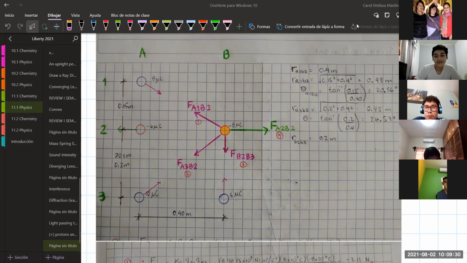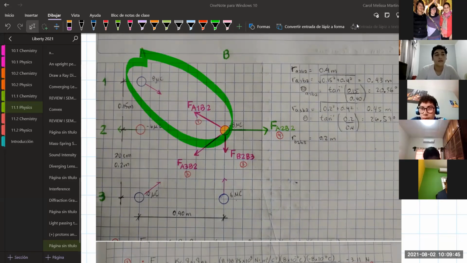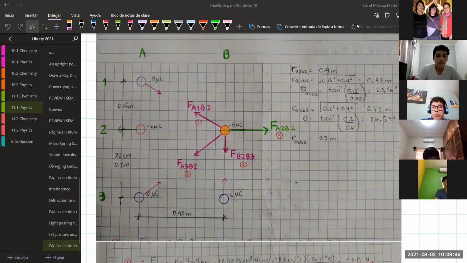Okay? Bueno, so this is what you had to do to get and analyze all the possibilities. So for example, the force that I called force 1 was this one, okay? And it's a force between the charge A1 and the charge B2, okay?